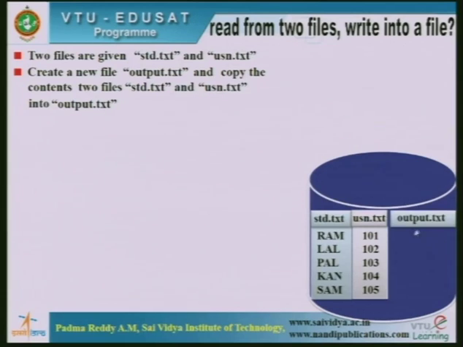So here, according to the problem statement, we have to create one file by name output.txt, in which mode? Write mode. And then we have to read std.txt and usn.txt, and write into output.txt.